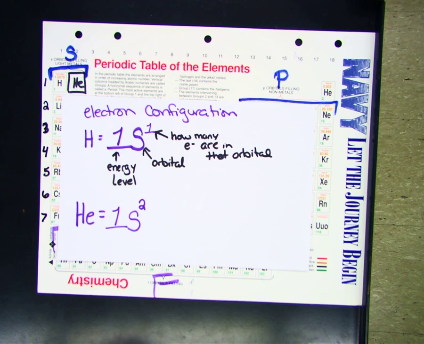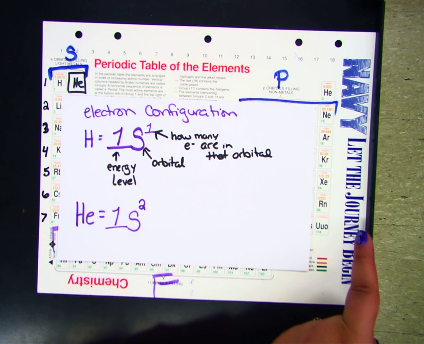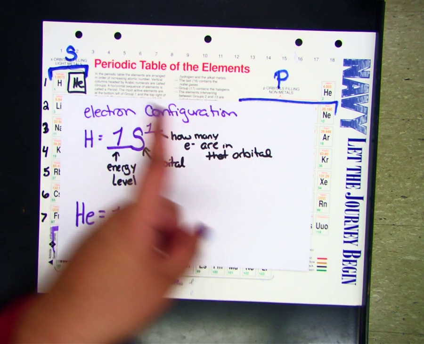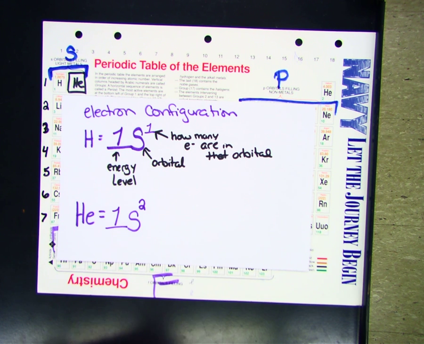You will never have an S orbital that has more than 2. Because it behaves like these guys, that's why it's over there. But it fills like these guys, which is why it's over here.